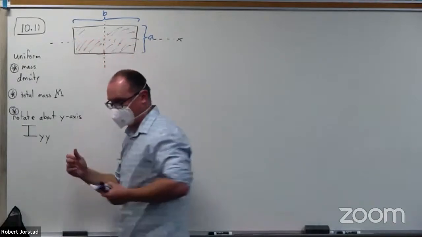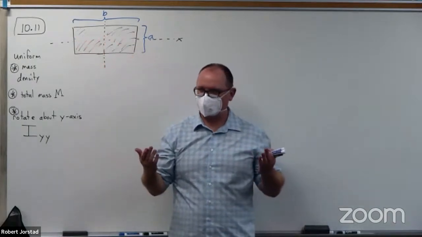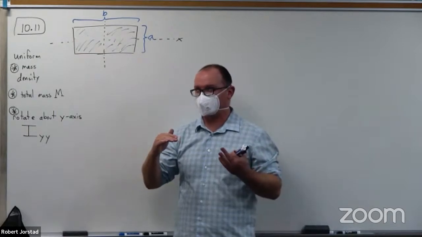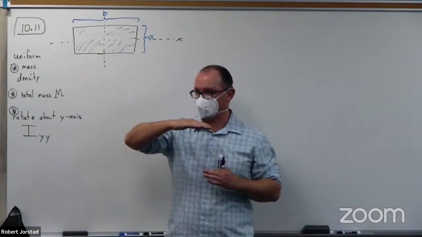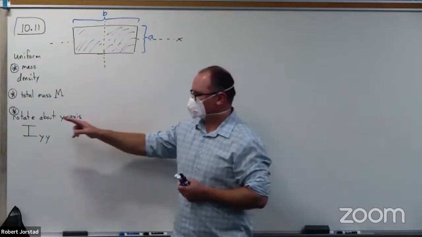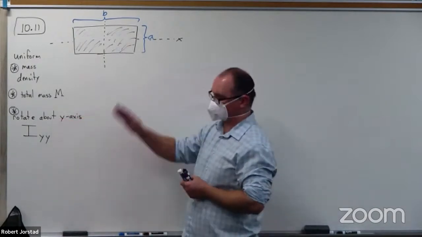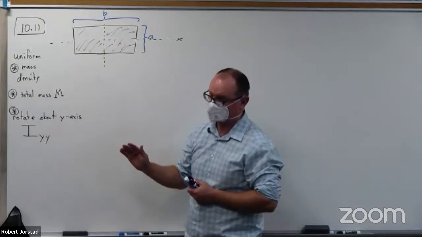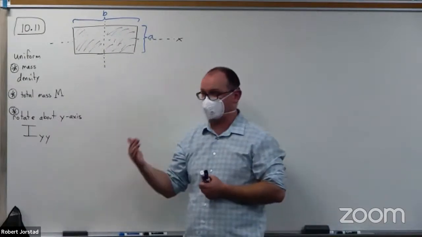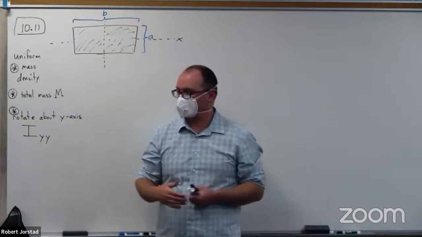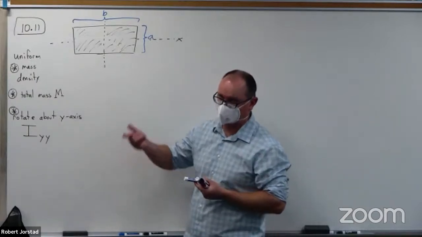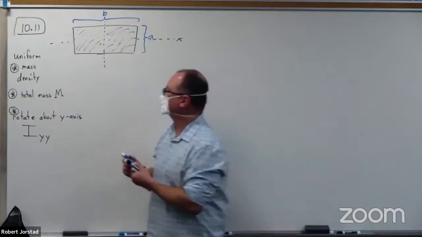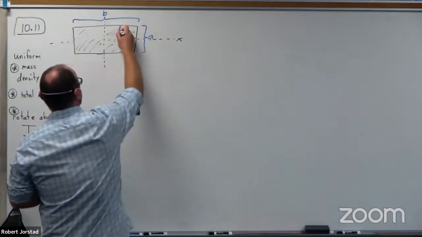Have you noticed that? In center of mass, when you want the x center of mass, didn't you slice it vertically? And when you want the y center of mass, you slice it horizontally. Well, if you want the y moment of inertia, you slice it y. If you want the x moment of inertia, you slice it x. As if it wasn't already confusing enough. So we need to slice it vertically.